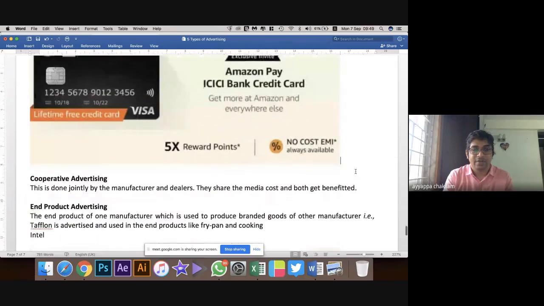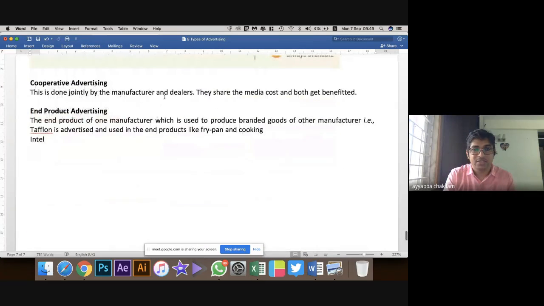That's about collective advertising. Cooperative advertising is done by manufacturers and dealers, not by the company solely, but also the manufacturers and the dealers. They share the media cost and both get benefited. Where do you see this cooperative advertising happening? You see it when you see some pamphlets in your newspapers every day.